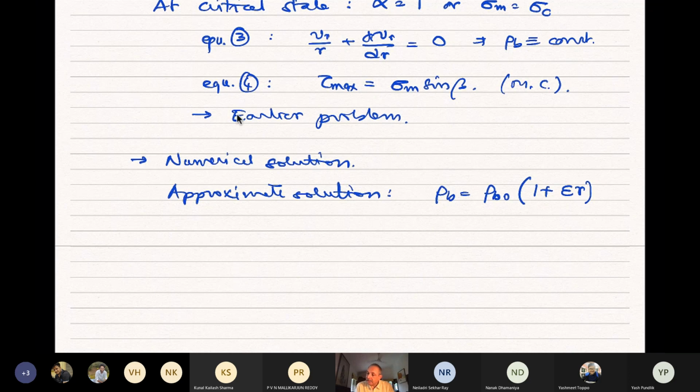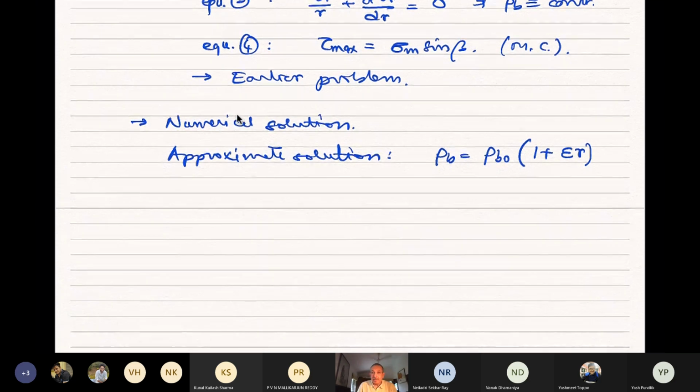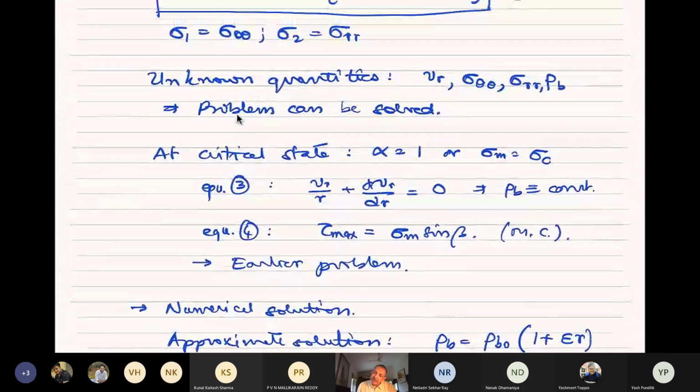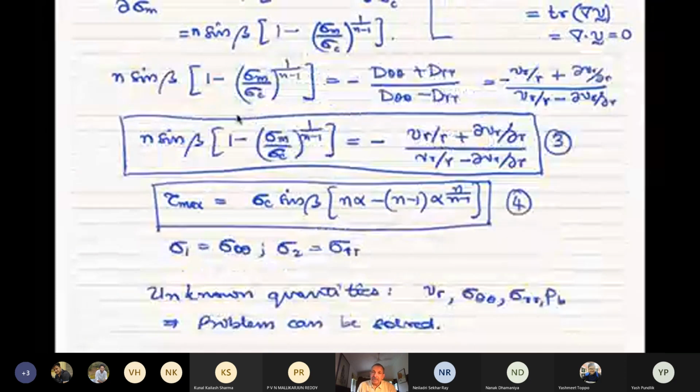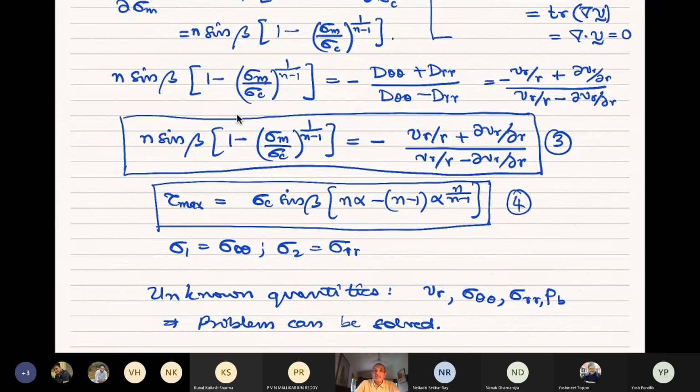If we assume something like this, then you can get an approximate solution that gives you the first deviations from the Mohr Coulomb. Maybe I will upload that derivation on the Moodle site for you to have a look at. But the main thing is I wanted to illustrate by doing this that we can actually solve this problem.